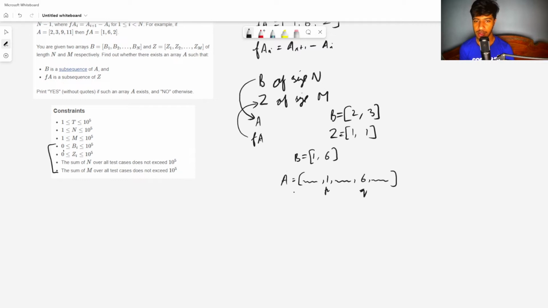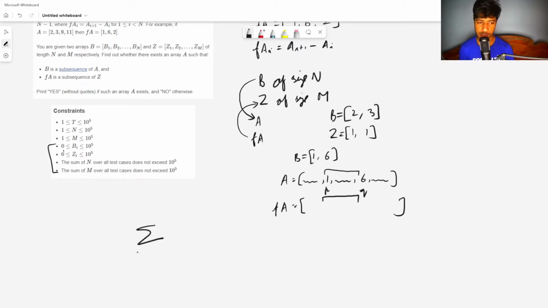Okay. Let's sum up all the elements from P to Q minus 1, actually in f of A. In f of A, let's sum up all the elements from P to Q minus 1. Okay, that is what happened last time, right? From P to Q minus 1, we summed up all the elements.